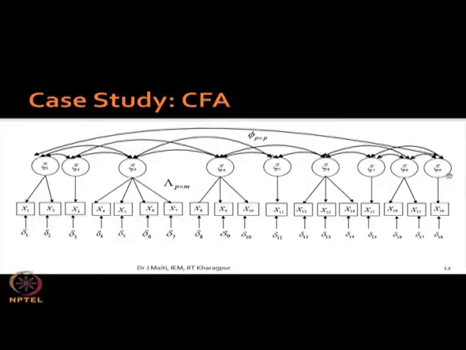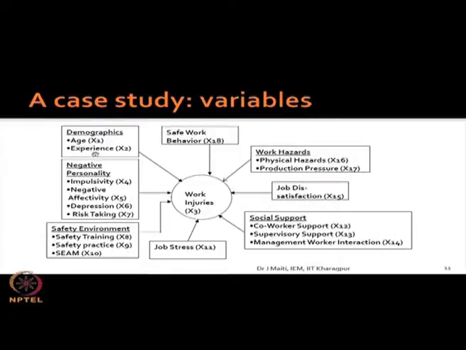This xi 1 to xi 9 are not arbitrary, they have some meaning. Actually, x 1, x 2, age and experience, demographics, this is xi 1. Impulsivity, negativity, all four are clubbed together, and that is negative personality.